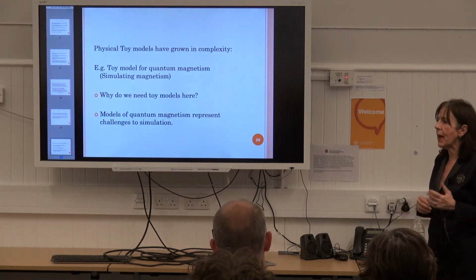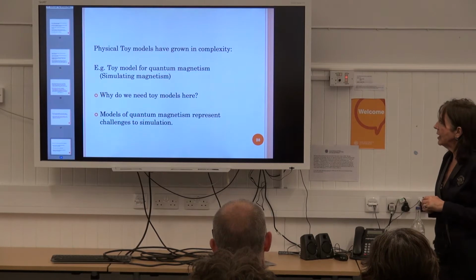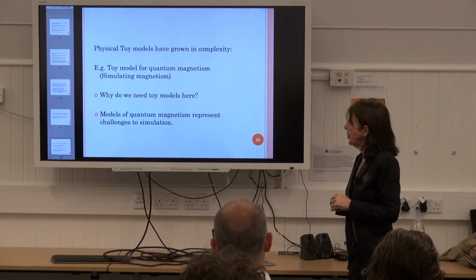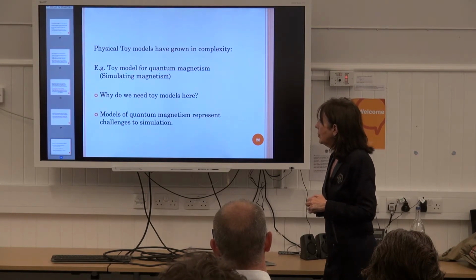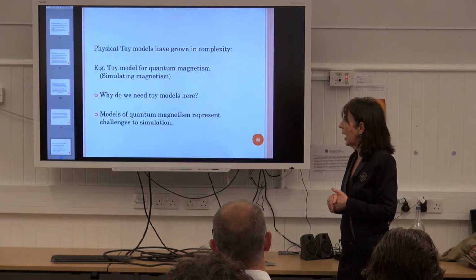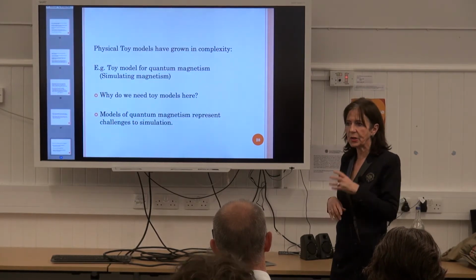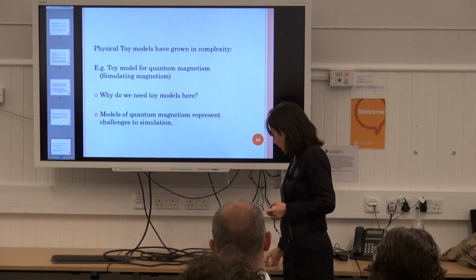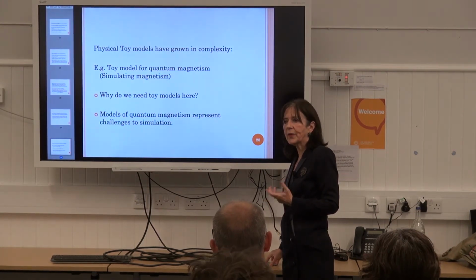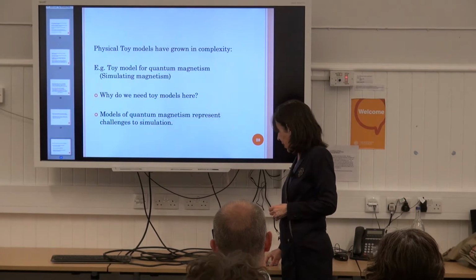Toy models for quantum magnetism are a good example of this. So why do you need toy models in explaining quantum magnetism? Well, because the physical or theoretical models represent enormous challenges to simulation because they're so complicated. It takes way too much computer time to figure out how the model is going to behave.